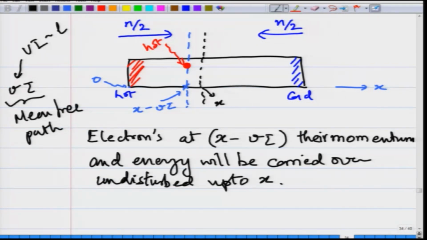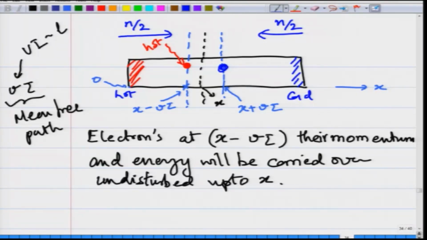Similarly, if you consider a point around x which is at x plus v times tau, the electron which is coming here is now a cold electron.